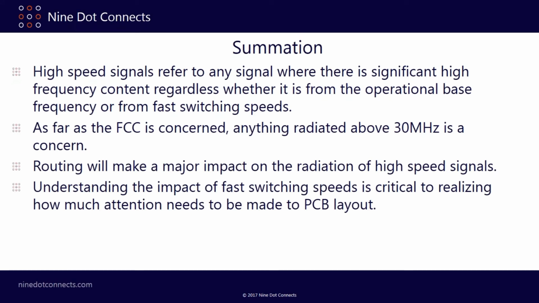Understanding the impact of fast switching speeds is critical to realizing just how much attenuation needs to be made in the PCB layout. We talked about an example of the quarter-inch wavelength. If you have a lot of signals with fast rise times, you're going to have to keep track of them all and make sure that these tracks don't exceed a certain length for each one of the situations.